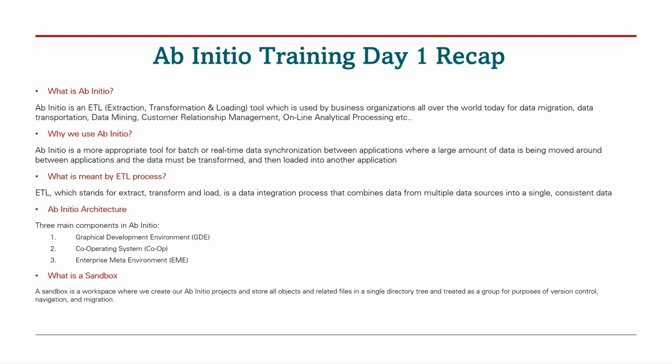Whenever there is a need to build large-scale enterprise data applications, we use this Ab Initio ETL tool to process real-time data or batch data. We can even synchronize data between one or more multiple applications.